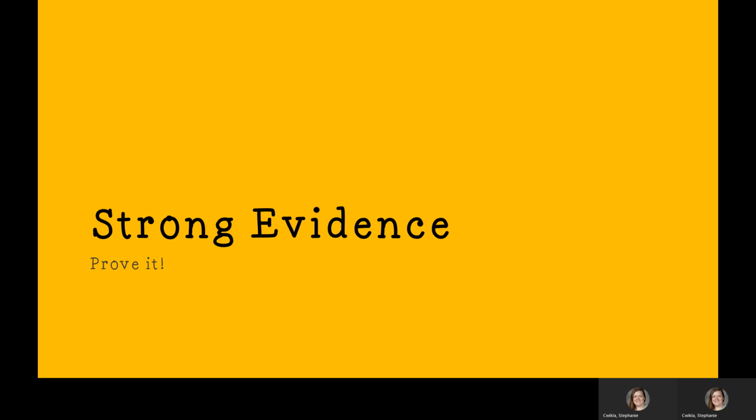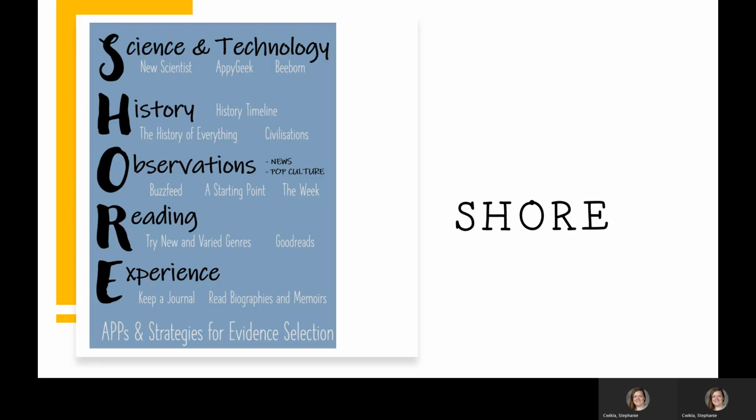And the thing that I always notice with students and as a reader is that we kind of rely on the evidence that's easier instead of maybe the evidence that's going to be more compelling. So looking at our next acronym, SHORE, is kind of just categories of thinking about evidence and kind of getting your brain to move into different categories than the first one that occurs to you, so to speak.